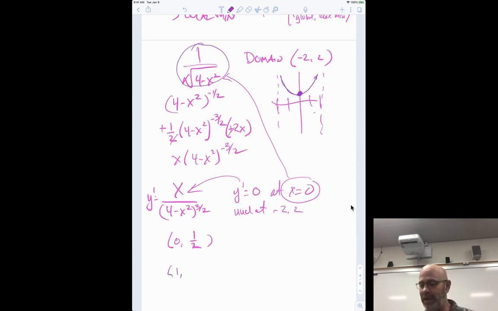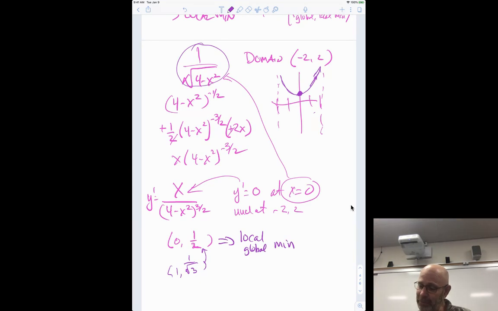You plug in 1. 1 over 4 minus 1, it's 1 over the square root of 3, which you can see is a bigger number, because the square root of 3 is less than 2. So it's a bigger number than that. So this is a local and a global minimum.